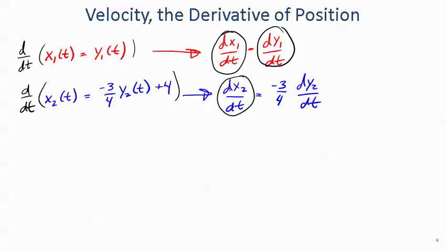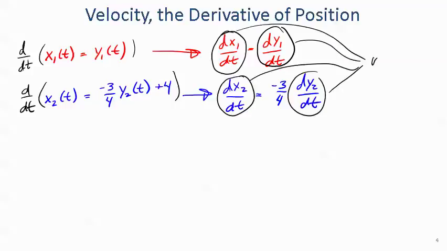So all of these quantities here are what we call velocities. And the interesting information that we get is that in order to stay on our path, our velocity in the north direction has to be equal to our velocity in the east direction.